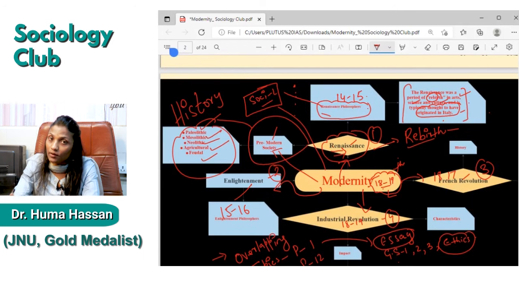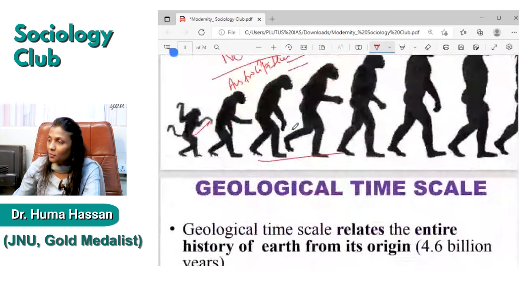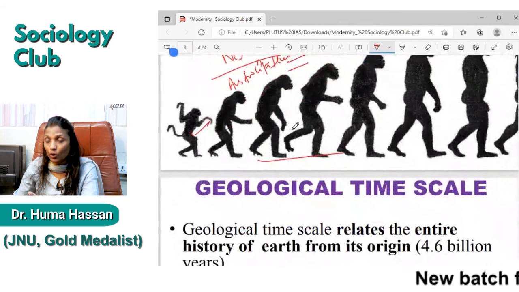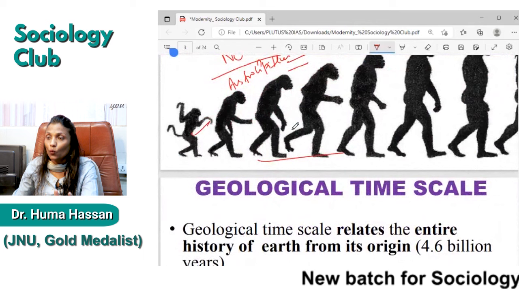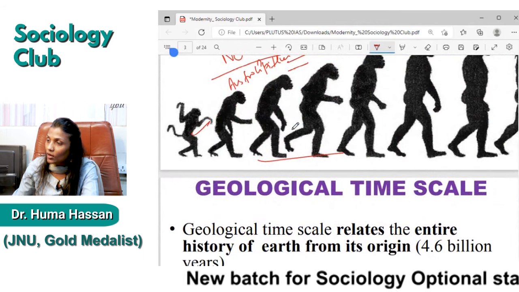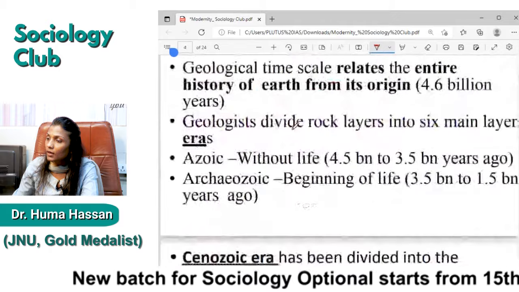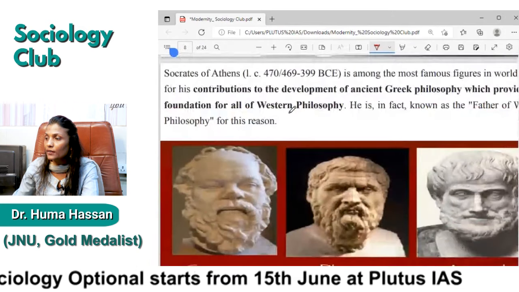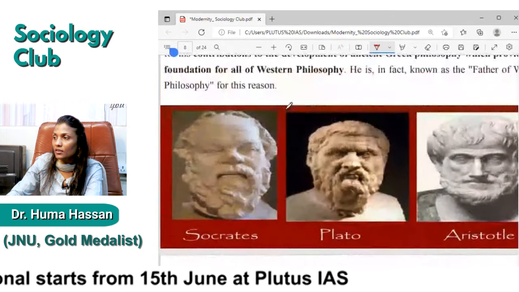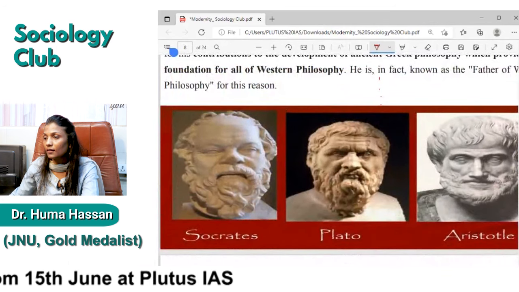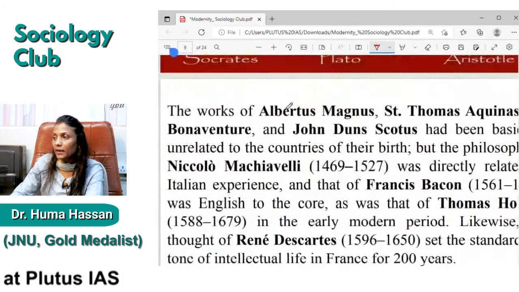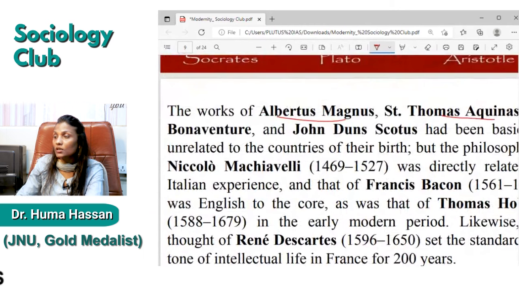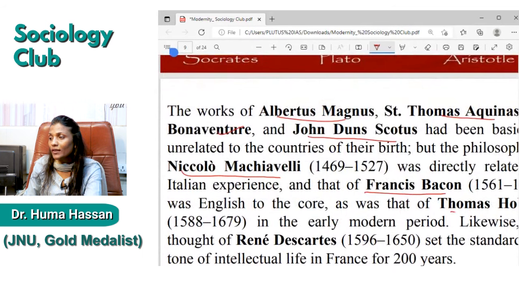Let me show you that slide. There were various thinkers. Albertus Magnus was a theologian who was trying to understand society through the teaching of the Bible. Then there were Aquinas and Bonaventure. It is better to mention them in bullet points: Albertus Magnus, Thomas Aquinas, Bonaventure, John Duns Scotus, Niccolo Machiavelli, Francis Bacon, Thomas Hobbes, René Descartes.